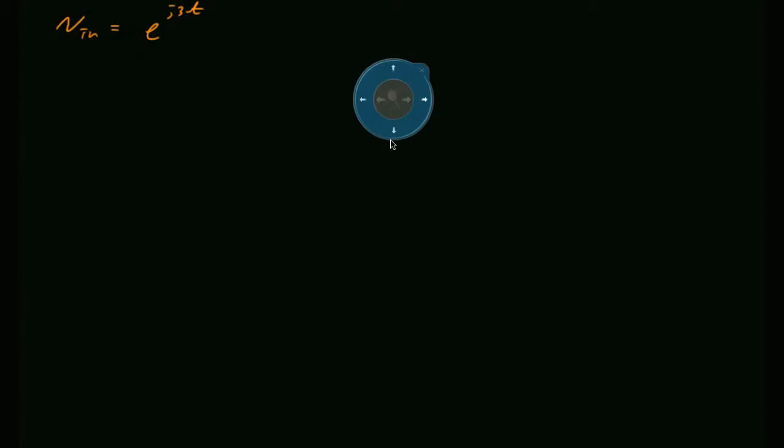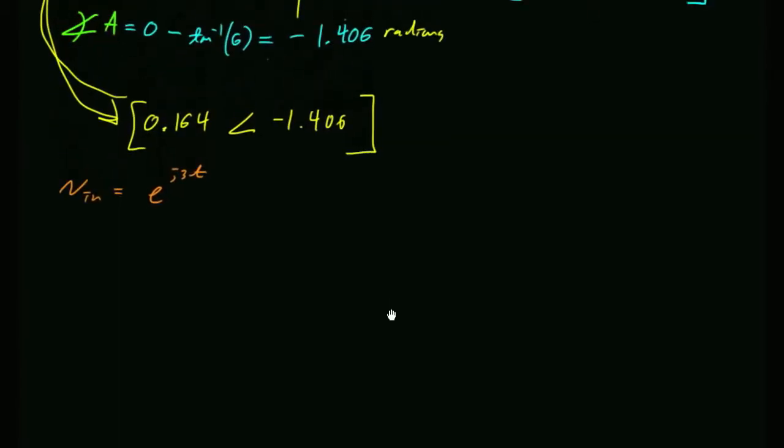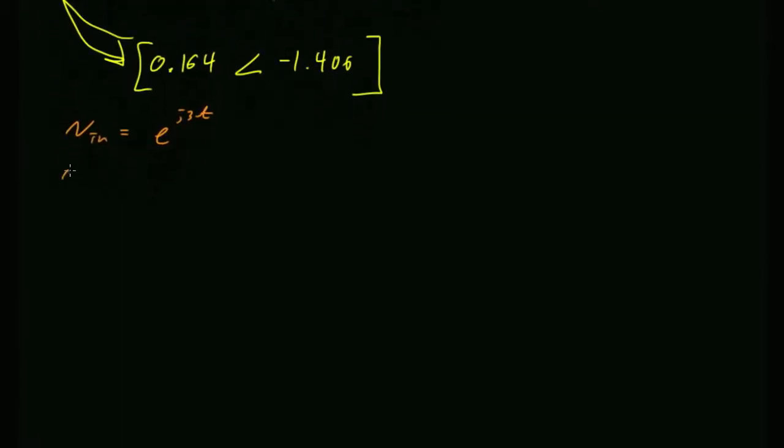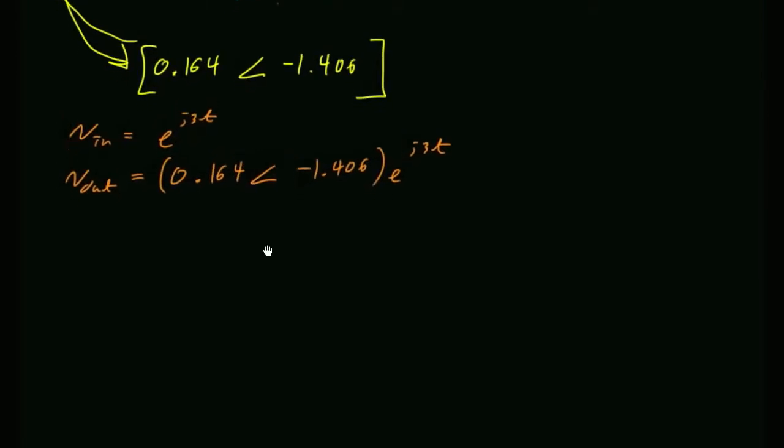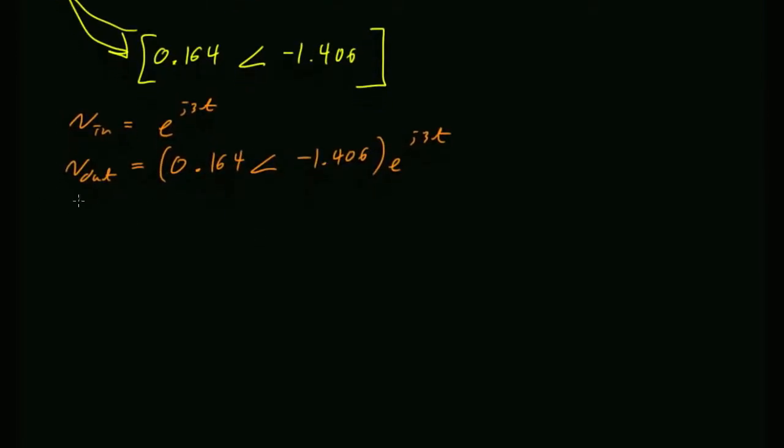What you're now telling me is that if my input is e to the j3t, my output is 0.164 angle minus 1.406 e to the j3t. Okay, and so that's the phasor that we solved for. But that wasn't really the problem I asked you to solve, right? The problem that I asked you to solve was, what's my output when my input is cosine 3t? That's what we started with, right?